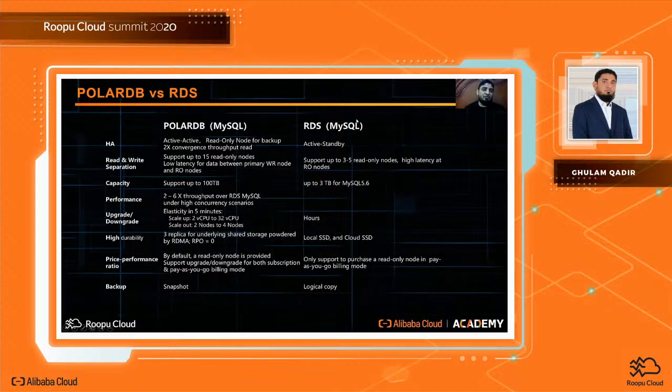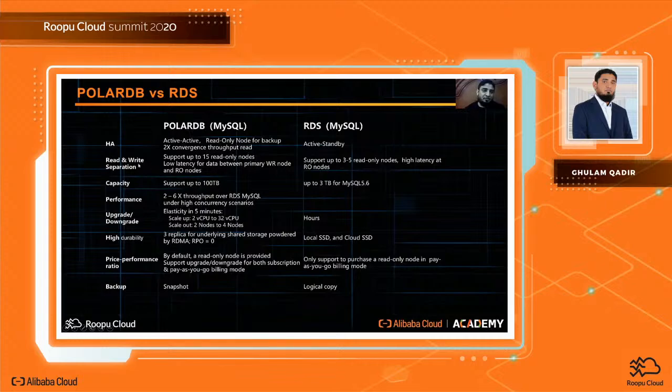So what are the differences between PolarDB and RDS? Here are some points which we mentioned. High availability: in PolarDB it is active, but in RDS it is active and standby. Read-only nodes for backup, also providing 2x convergence throughput rate.